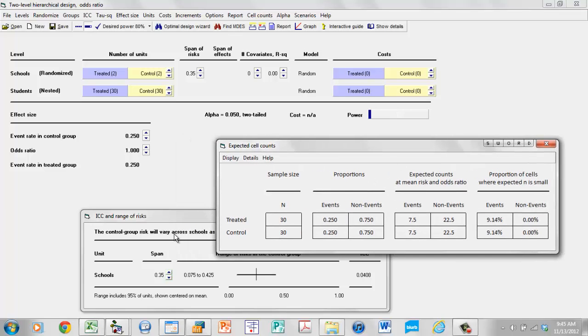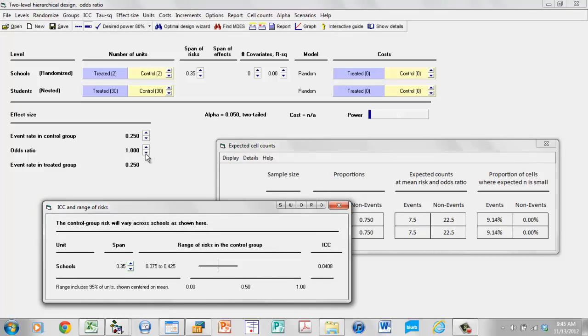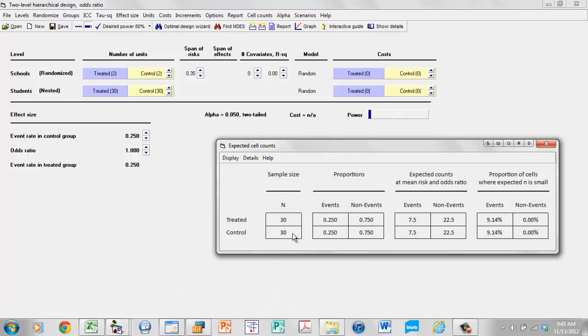The last issue we need to deal with is, so far we've been treating this as though the odds ratio was 1.0, which means that the problem is going to be the same for the treated group and the control group. If we bring the odds ratio down below that, let's say we bring the odds ratio down even to 0.9, then while we did not have a problem in the control group because the expected event rate was 0.25, we do in the treated group.